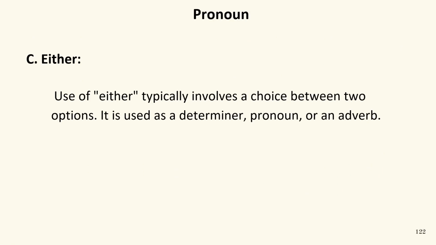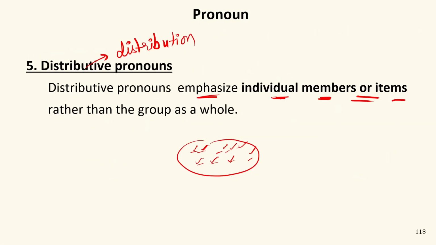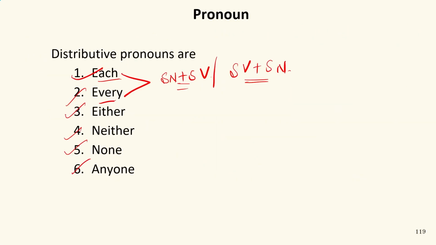Now we'll use the word either. For these words, either, neither, any one, or none, let us see something over here. I must tell you a trick so that we can use either, neither, and none easily.